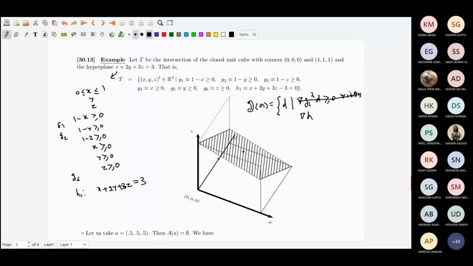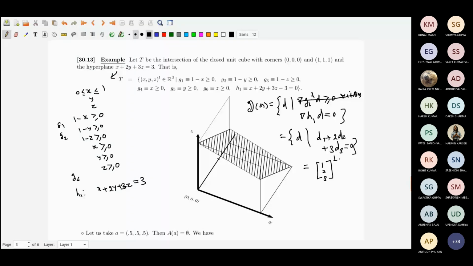Essentially this is the set of all D for which D1 plus 2D2 plus 3D3 equal to 0. Or you can say this is (1, 2, 3) perp, the subspace that is orthogonal to the vector (1, 2, 3). This is grad H1 only.